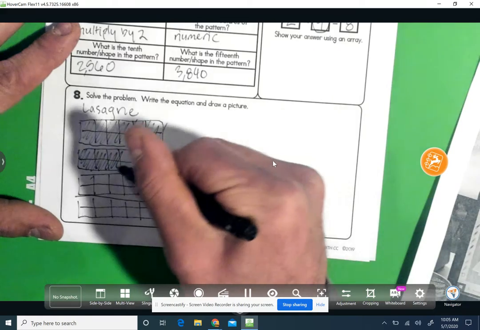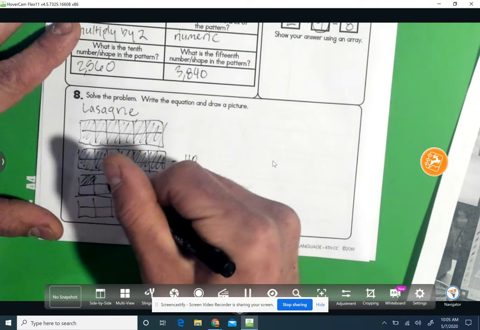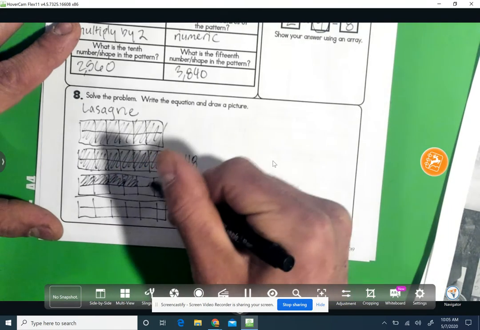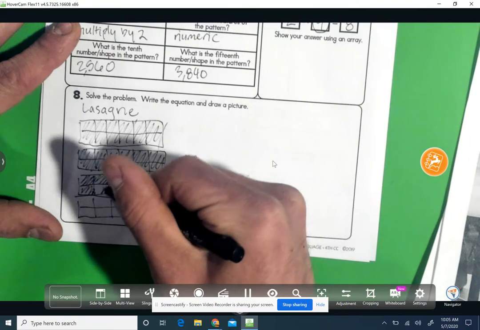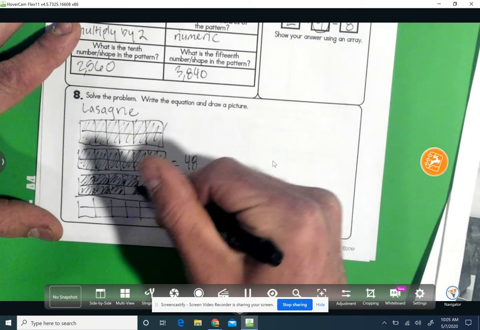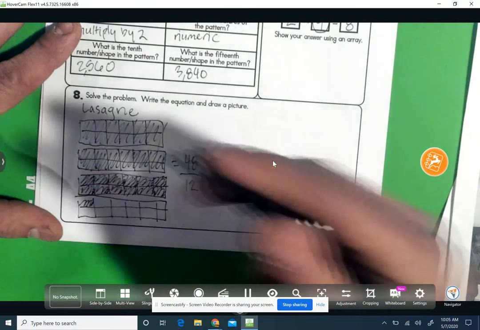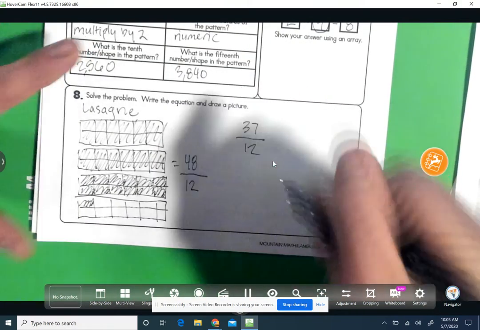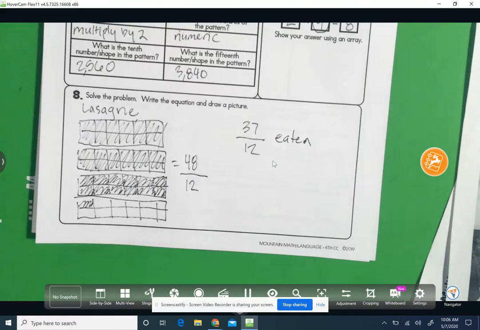This is 24 slices eaten, 25, 26, 27, 28, 29, 30, 31, 32, 33, 34, 35, 36, 37 twelfths. There is our 37 twelfths pieces eaten by the friends.